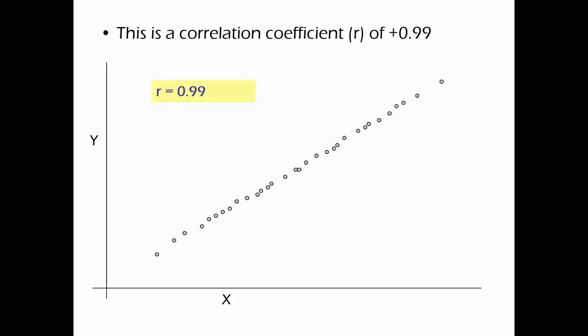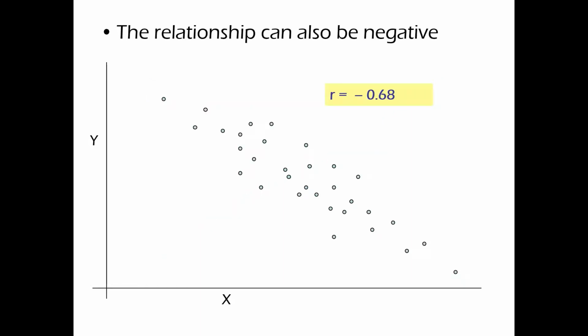Finally, when we have an R value of 0.99, the dots almost form a line themselves. Here is just to show when R is negative, we can see a decreasing trend.